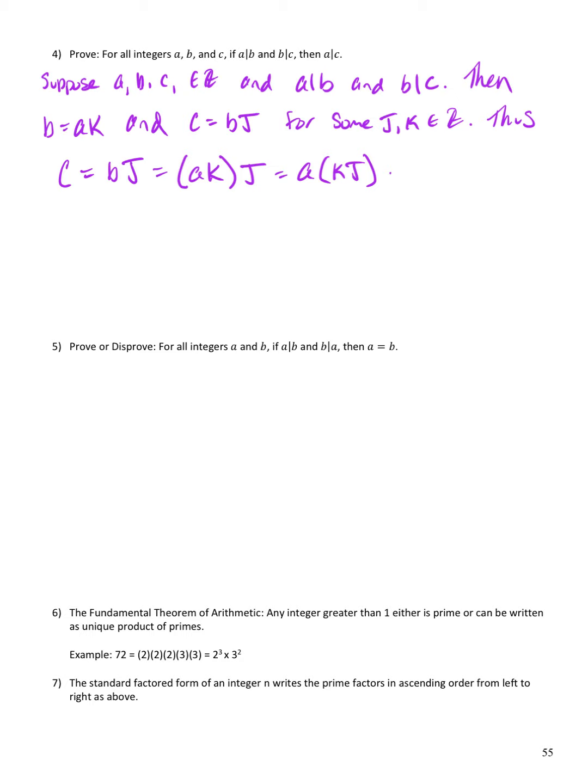Now, since kj is an integer, I have written c as a times an integer, which tells me that c is a multiple of a, and thus a divides c.